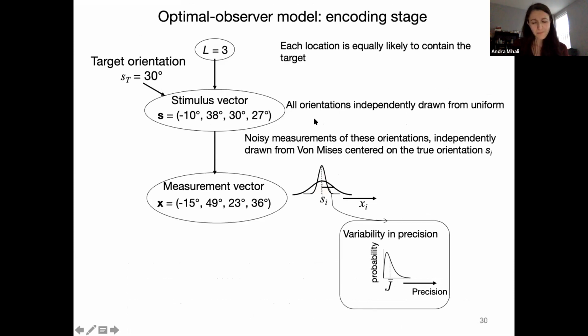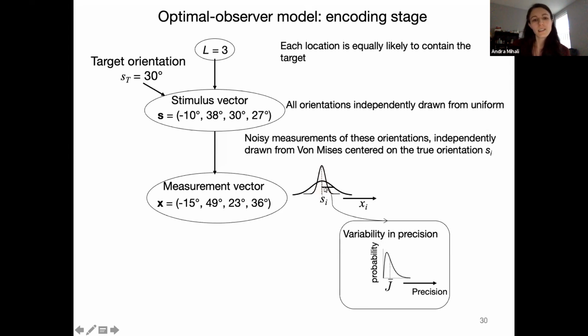Okay, so let's go over an example of the encoding stage. Let's say that the target is present at location 3. Each location is equally likely to contain the target in our setup. At location 3, the target has ST value 30 degrees. This is the entire stimulus vector. All orientations are independently drawn from a uniform distribution. Then noisy measurements of these orientations are assumed to be created in the observer's brain, and they are centered on the true orientation SI.